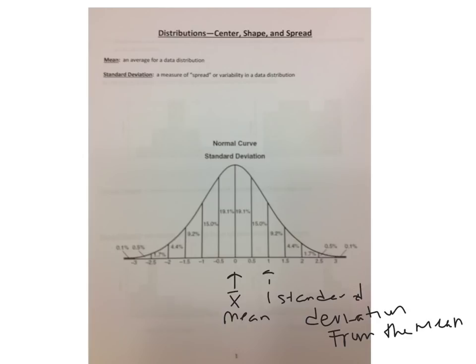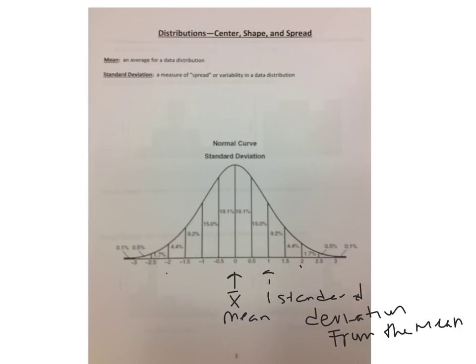And this point here is 2 standard deviations, 3 standard deviations. These are all above the mean. The 0.5, you're half a standard deviation from the mean. If we go to the left of the mean, you have -1 standard deviations from the mean. So you're 1 standard deviation below the mean, 2 standard deviations below the mean, and so forth.